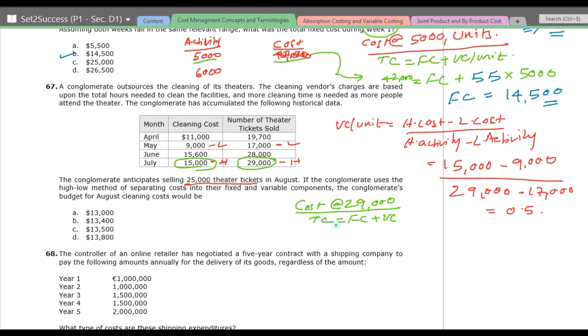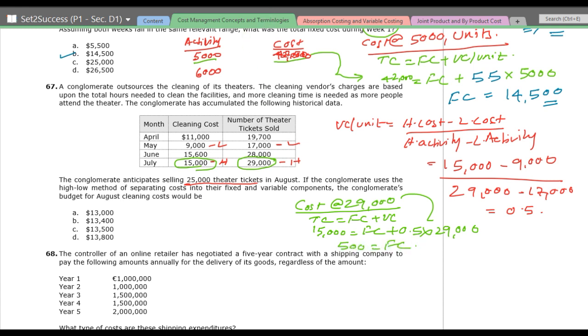So total cost at 29,000 units is 15,000. We need to find the fixed cost. Variable cost is 0.5 at the level of activity 29,000, which comes to 500 as the fixed cost.